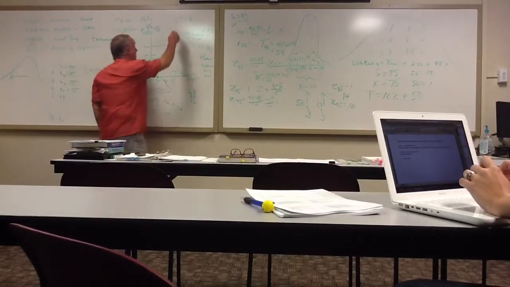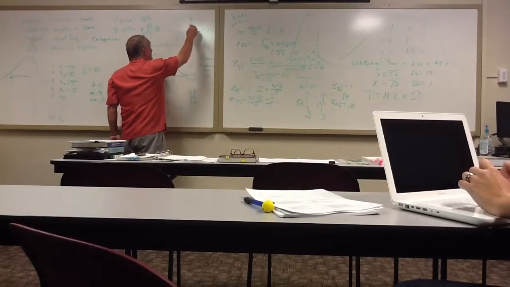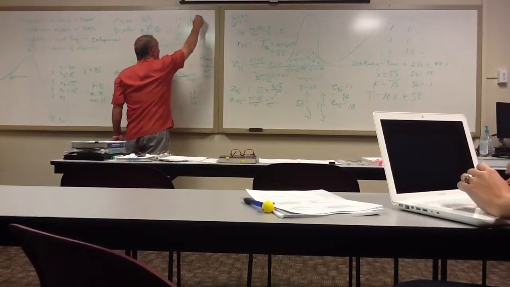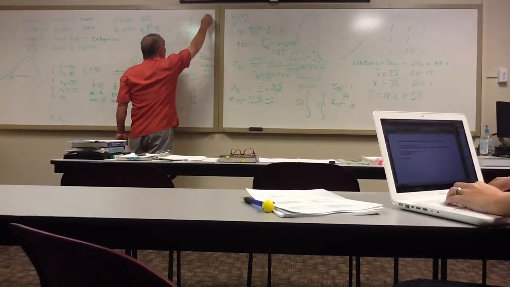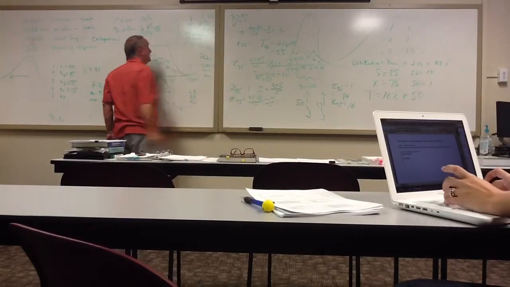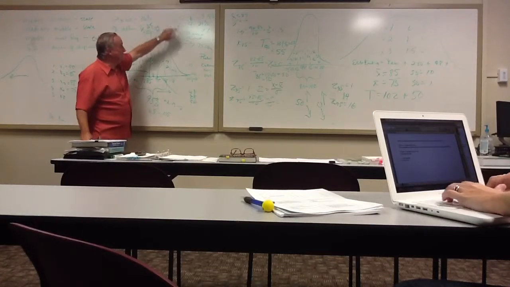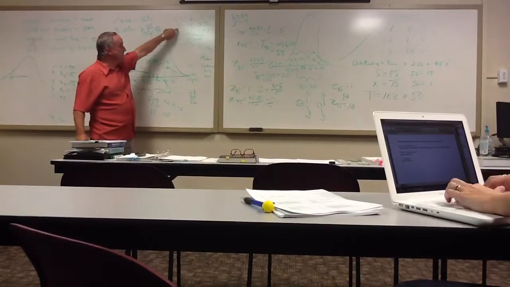The higher the correlation, say you go to 0.9, you now got 81% that you can account for. If you're down to 0.3, you only got 9% that you can account for. So this is probably as important as the R value, but R tells you something.